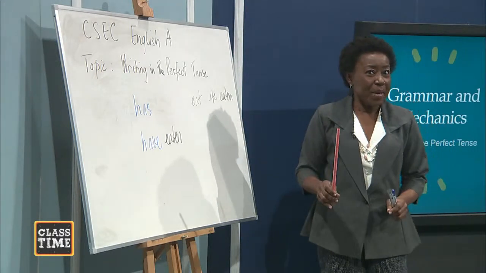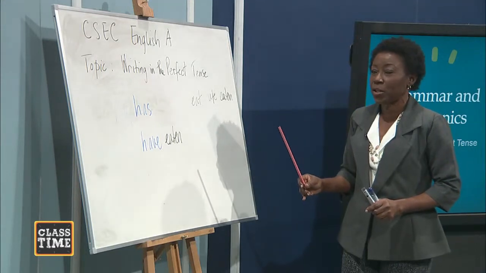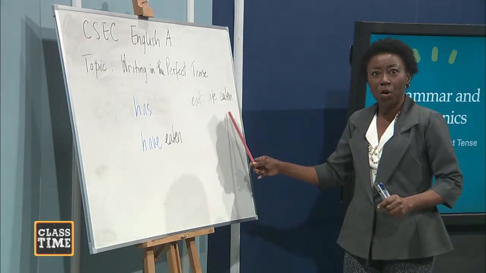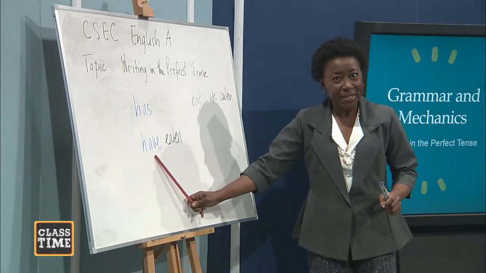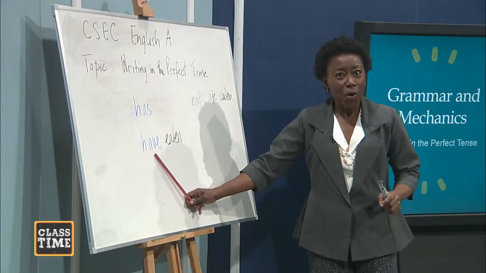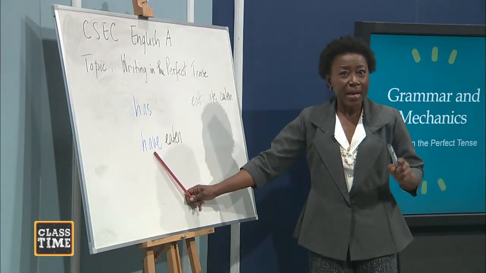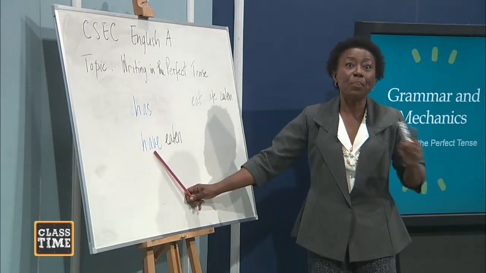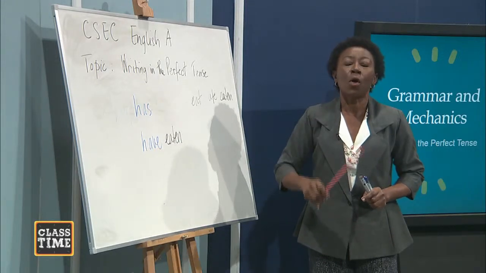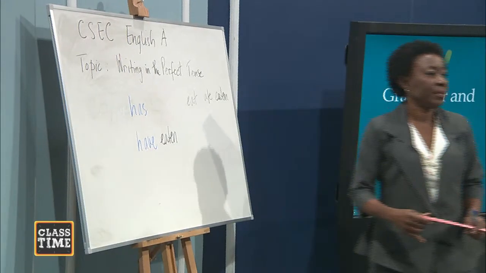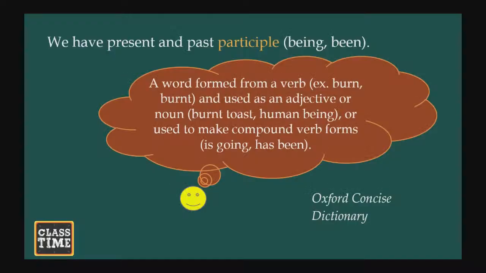When we are forming the perfect tense, we use the participle form with the present tense form of has or have, depending on whether the subject is one or more than one. Okay then, let us move forward. I'm trying to go a little bit slow here because you need to get the concept right.